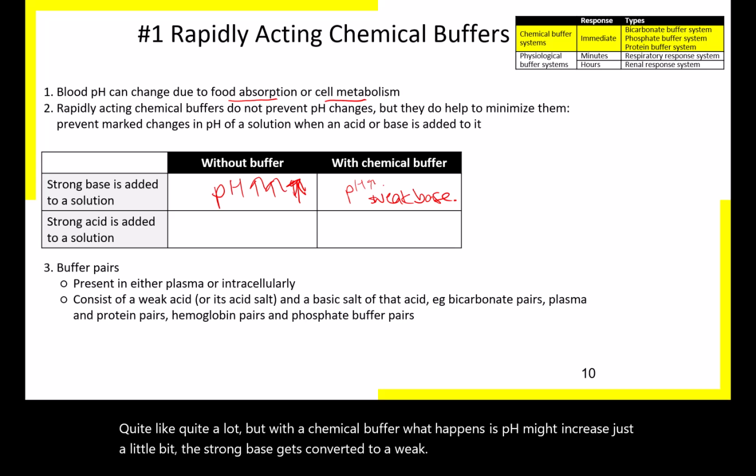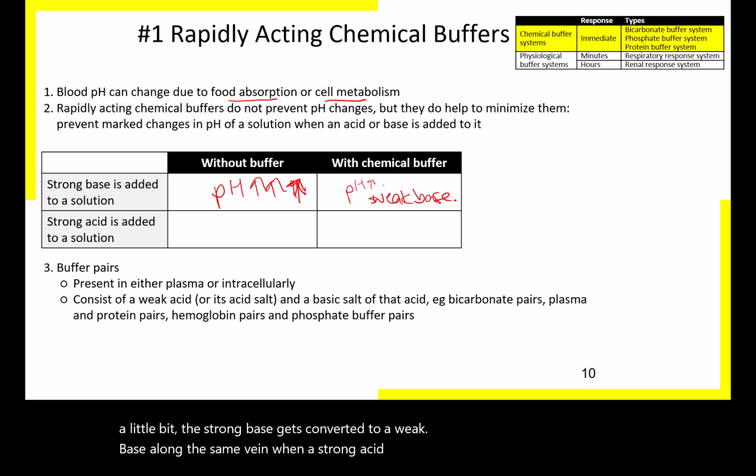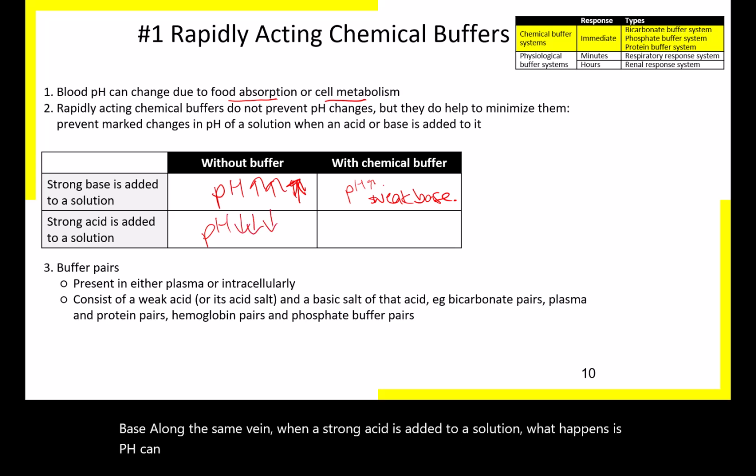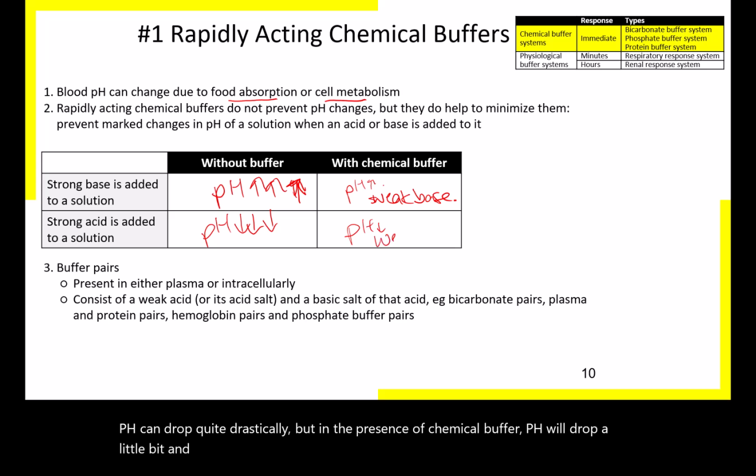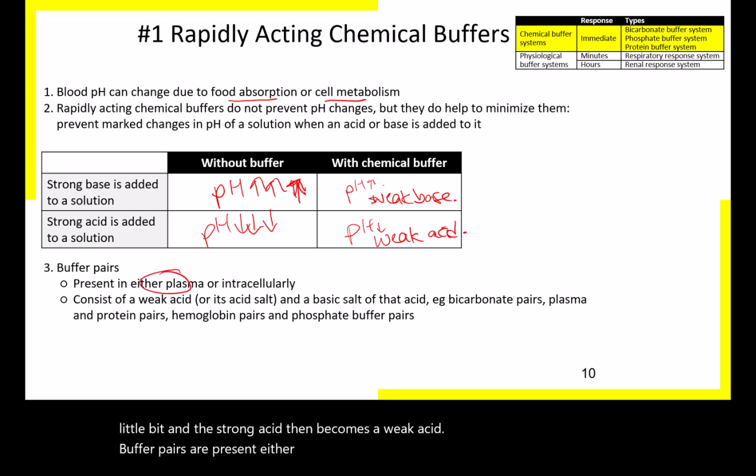Along the same vein, when a strong acid is added to a solution, pH can drop quite drastically. But in the presence of a chemical buffer, pH will drop a little bit, and the strong acid becomes a weak acid. Buffer pairs are present either in the plasma, in blood, or inside the cells, right?